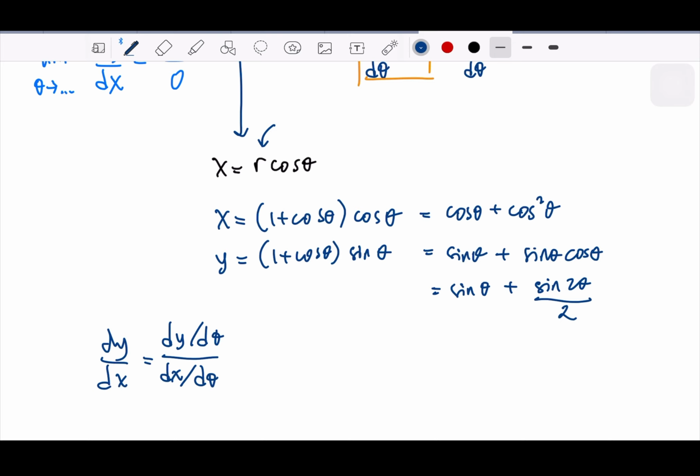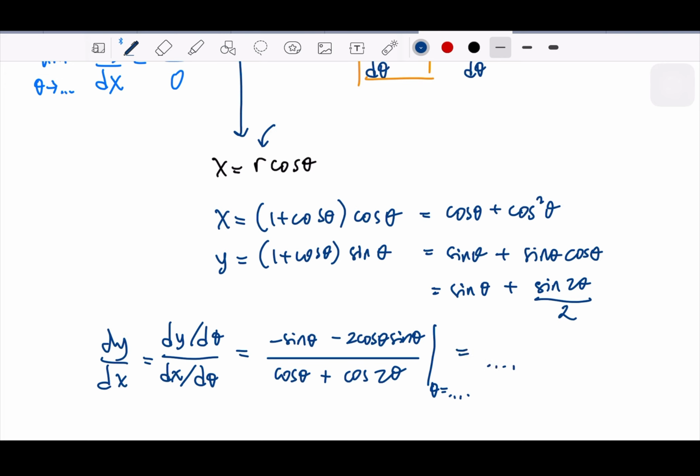And each of these you can easily derive, okay? And then put into these equations. So this will turn out to be... and then depending on which theta it is, you can plug in the value and then you will have the tangent, okay?